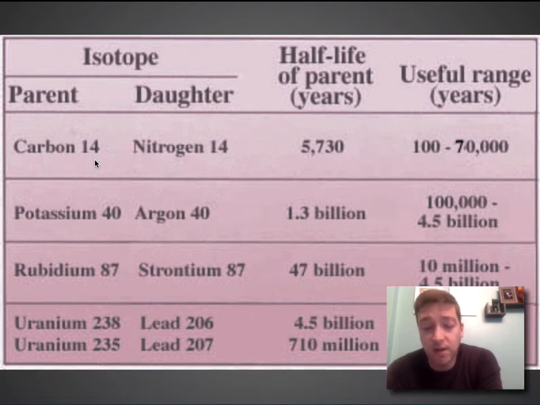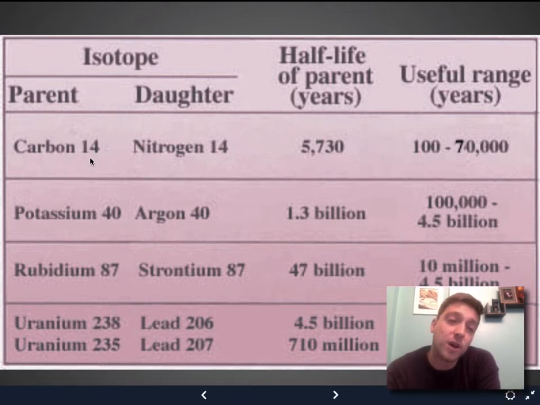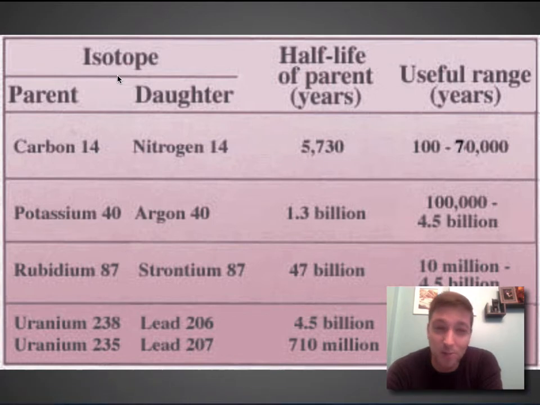Usually, most versions of carbon have an atomic weight of 12, but there's a more rare version of carbon called carbon 14. We call that rare version an isotope. So an isotope is basically a certain version of an element. We'll say an unusual version of an element.